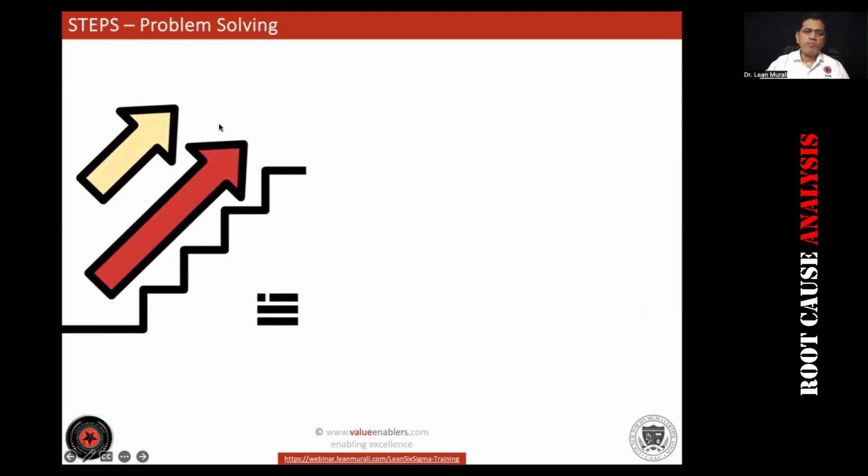In the steps of problem solving, the first thing is to list the causes. For every problem is an undesirable effect. If you want to define a problem, it is a gap between the current state, the existing state, and the desired state.